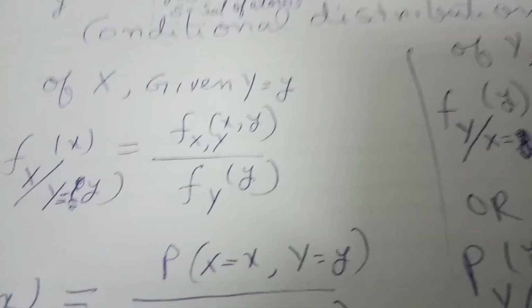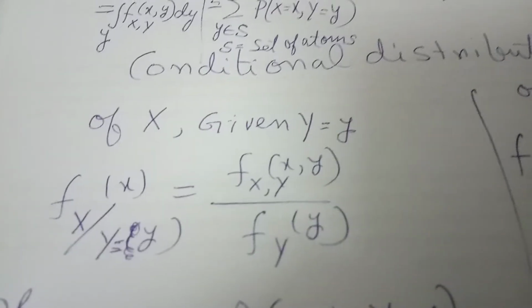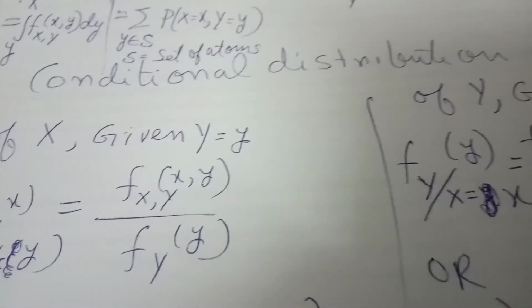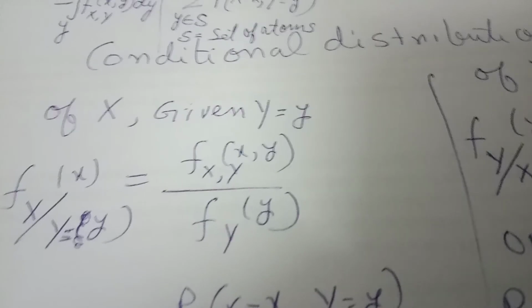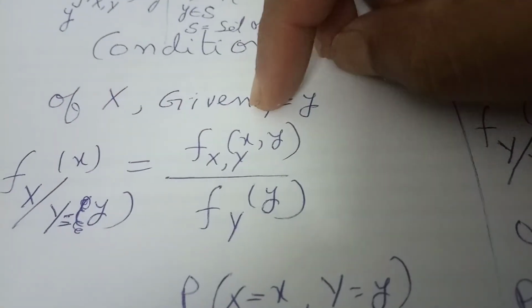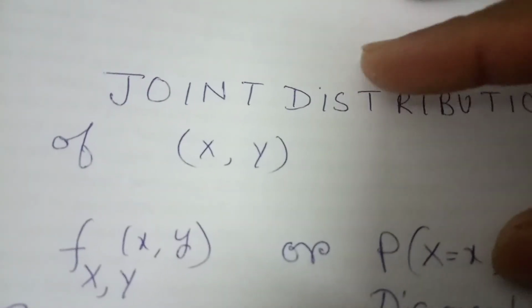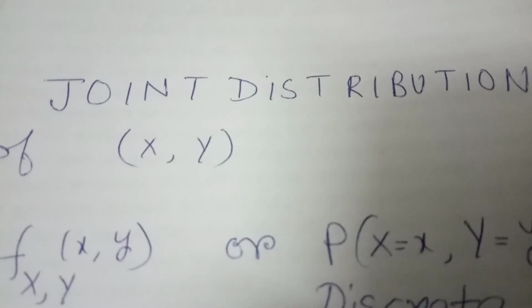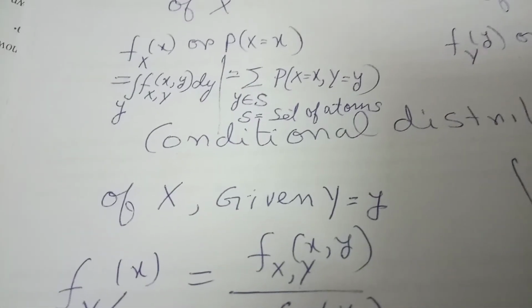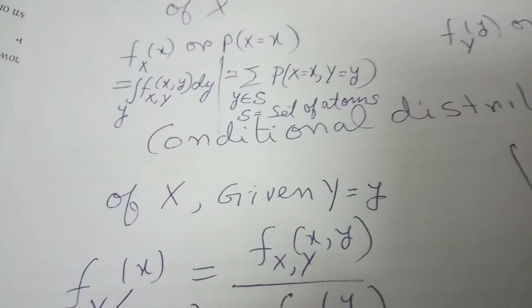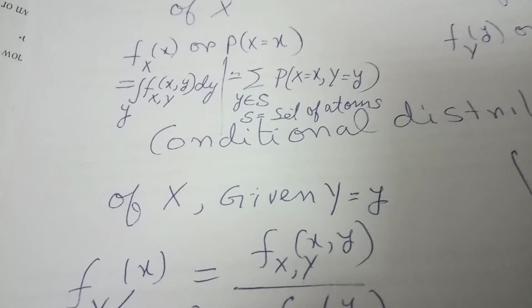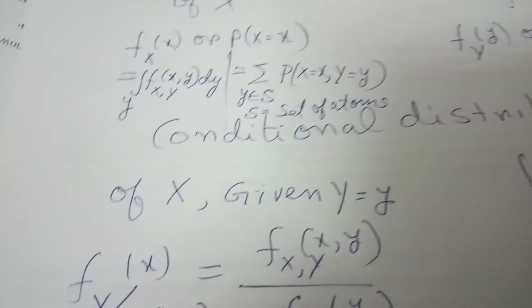Now the third thing that I want to talk about here, this is perhaps a bit tricky. It is called the conditional distribution of one variable, say x, given the other variable is fixed. Joint distribution arises when you have more than one variable. Conditional distribution means you are making a probability statement about one variable, keeping the other fixed.